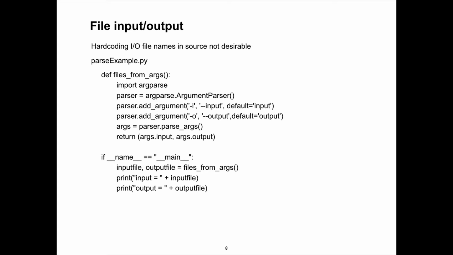Same thing with -o for output. Then we can parse the values, and we get input and output values. Now this function I can call, and it will look at the command line that you pass it and pick off those flags for you.